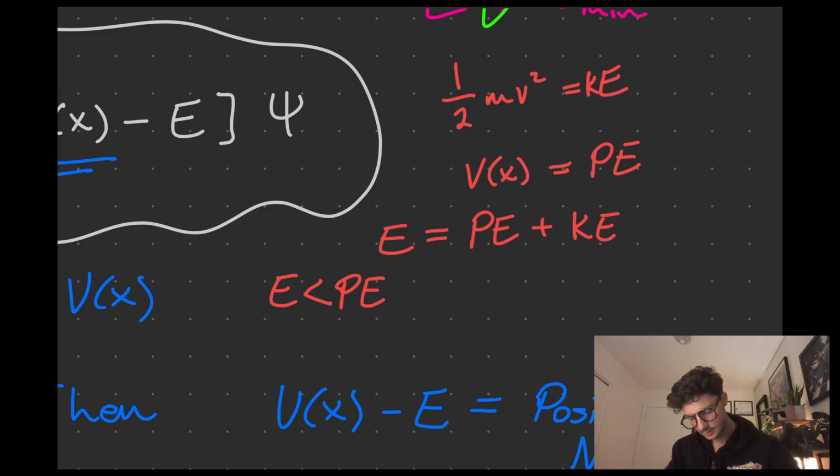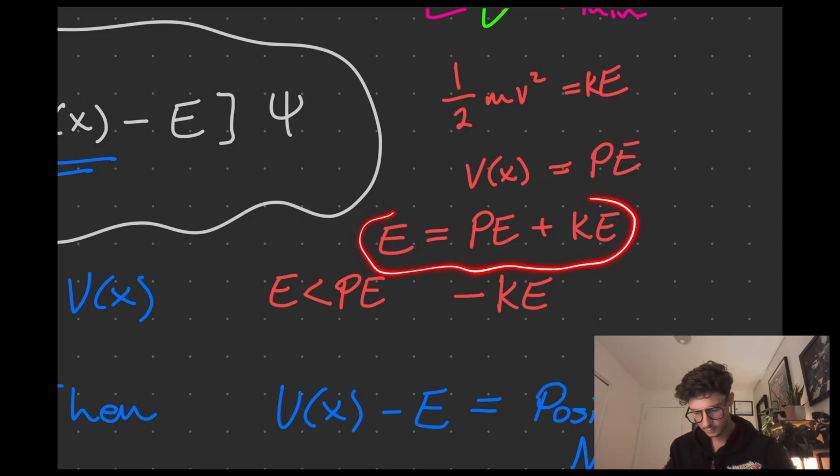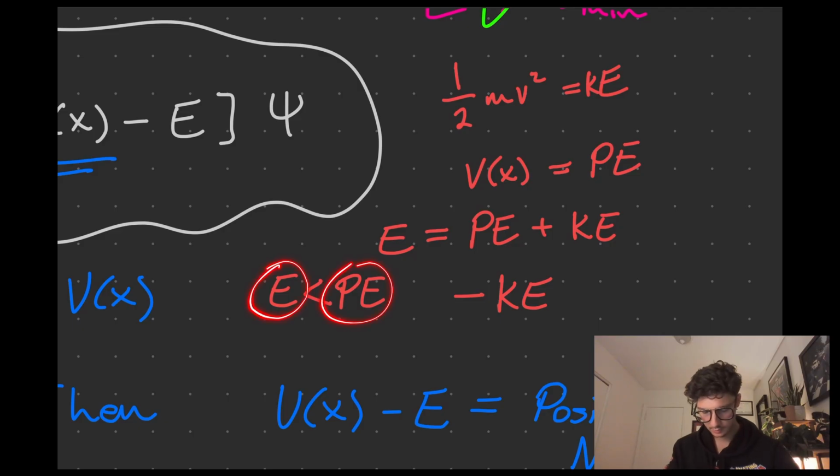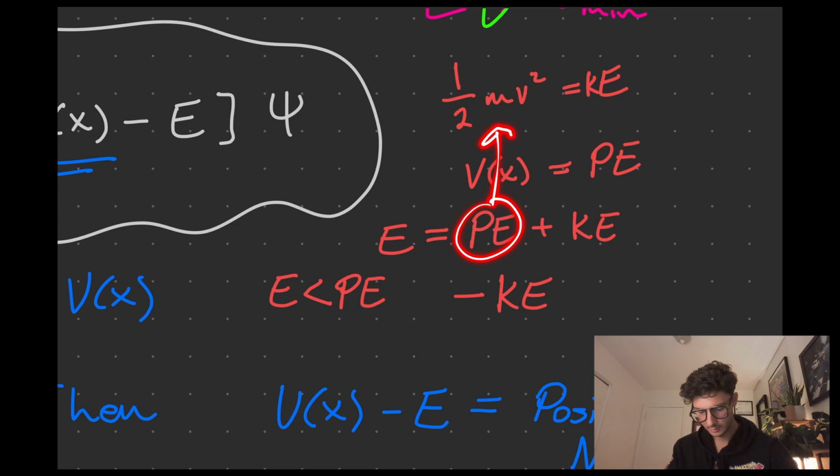That means the kinetic energy must be negative, right? From this equation here. If E is less than potential energy, so we have this number here, and this number is bigger than this number, the only way that can happen is if this thing is a negative number.